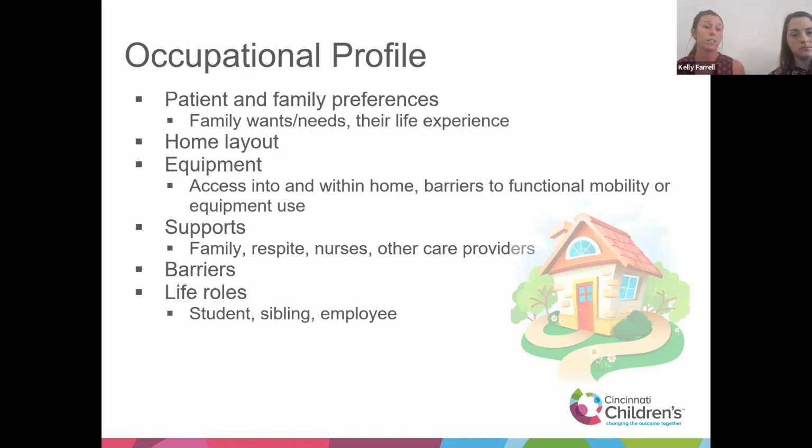Did they move here just for services? They have respite coming in and out of the house. Do they have nurses or other care providers? Really gaining that picture is super valuable to understand how we might pull other medical providers in or connect them with social work to give them those supports. Identifying those barriers, and then life roles, understanding if they're a student, a sibling, an employee, and how we can support them.